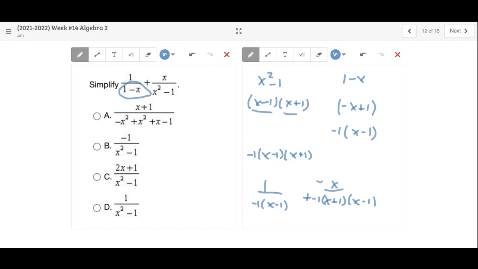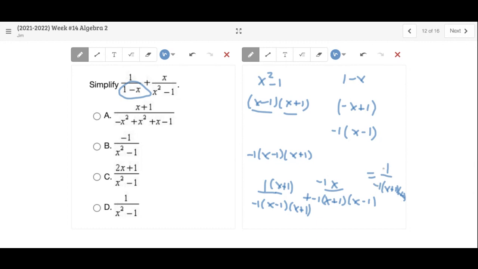So I have to multiply by negative 1 on top and bottom. This one, I'm missing an x plus 1. So I'm going to multiply top and bottom by x plus 1. So now I have a common denominator. Awesome. So if I add this together, I've got a negative x here and a positive x here. So I'm left with a 1 on top, and then a negative 1, x plus 1, x minus 1.